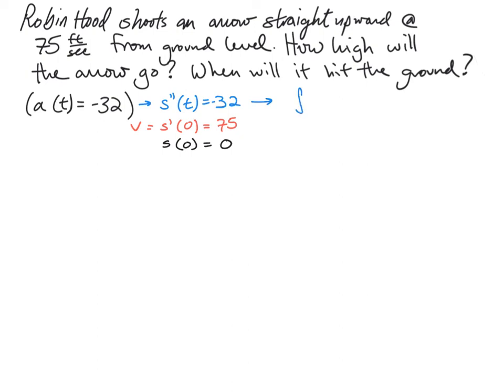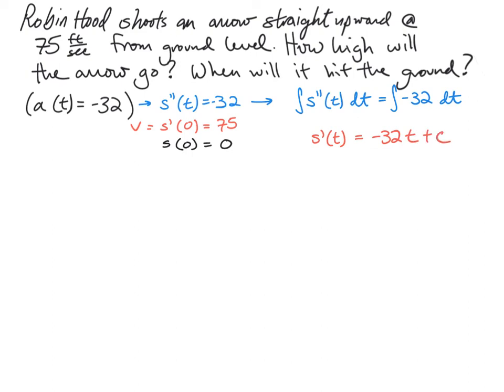So remember, if we take the antiderivative of a function with respect to time, and we take the antiderivative of the other side as well with respect to time, we will take one of the primes away, thereby giving us s prime of t equals negative 32t plus c.